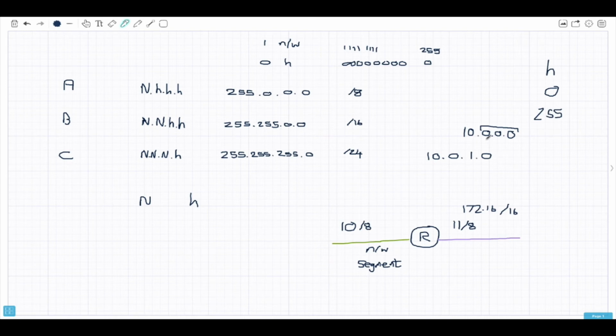So if I had 10.0.0.0, all the host fields, the host bytes, the host bits, are 0, that represents the network 10. If I wanted to put a broadcast so everyone gets a packet, I'd use 10 dot all ones in every bit field. So it's all the fields that have to be 0 in the host field to represent a network, and all ones in the host field to represent a broadcast address.